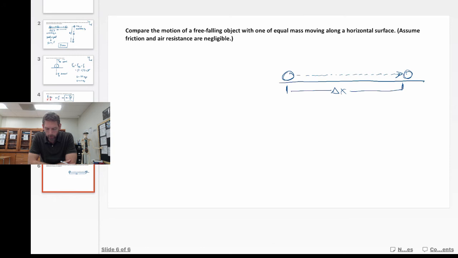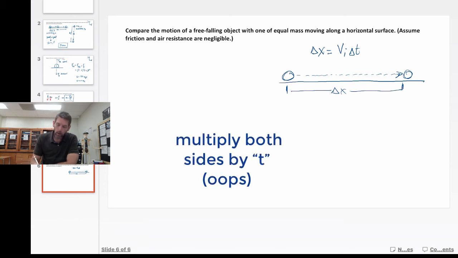And we'll look at this a lot more in class, and definitely look at the lesson where we derive the kinematic equations that we're going to be using throughout this class. And so we're going to use one of those kinematic equations right here. And so we've got delta x, which is the displacement, right? And then we've got the initial velocity times the change in time. If you think about that, that just comes from taking the velocity equation and dividing both sides by delta t, and it'll give you this.